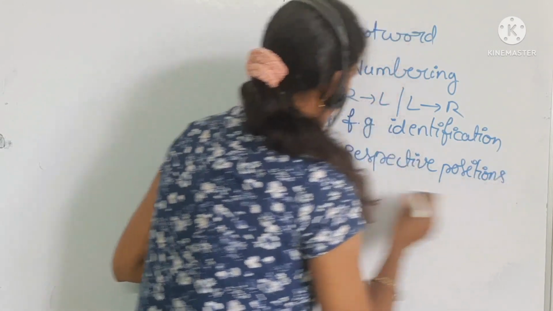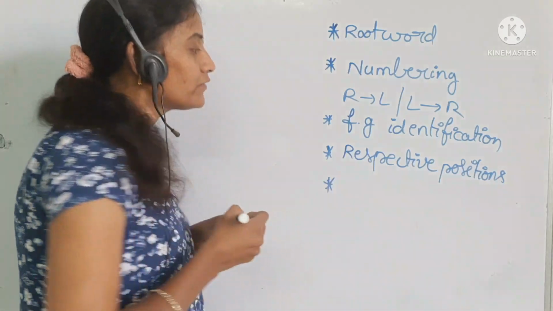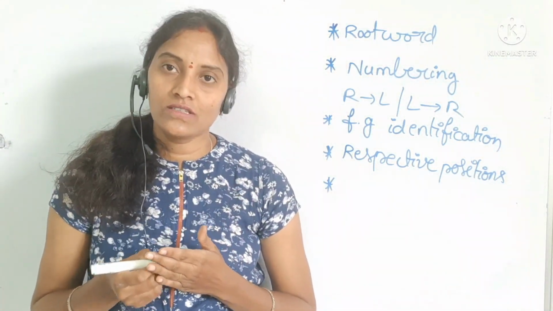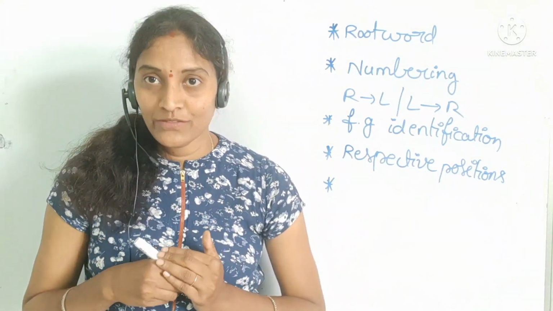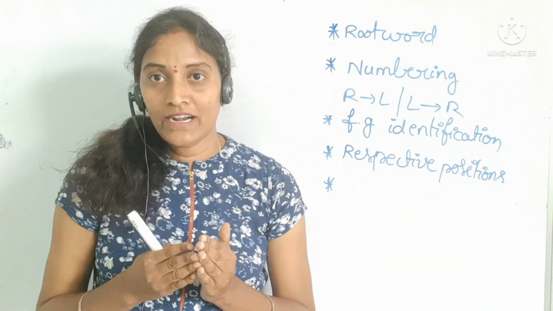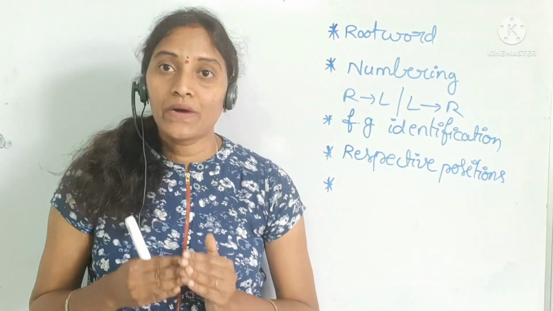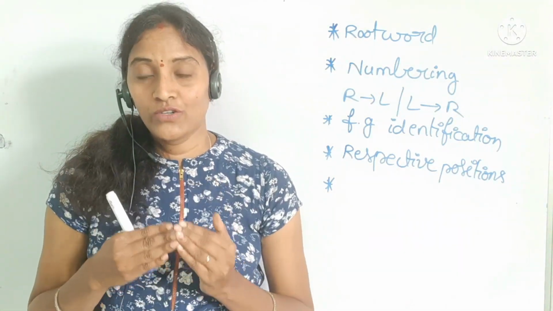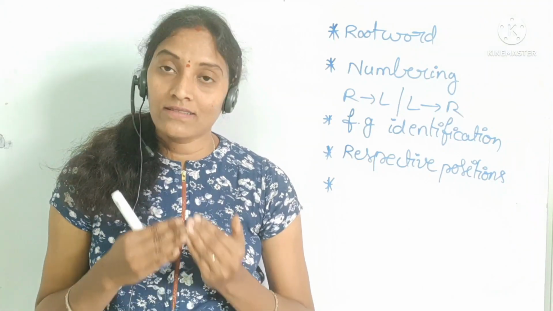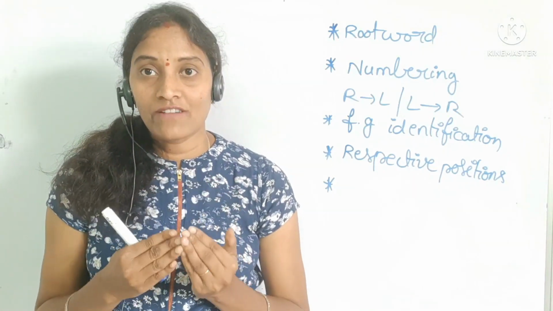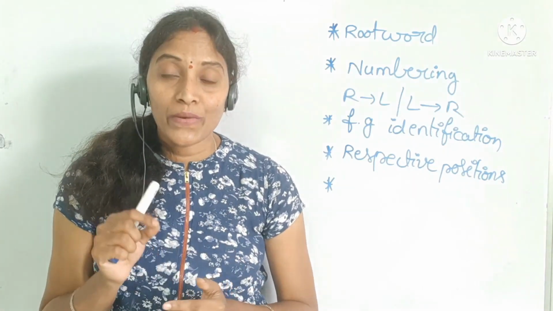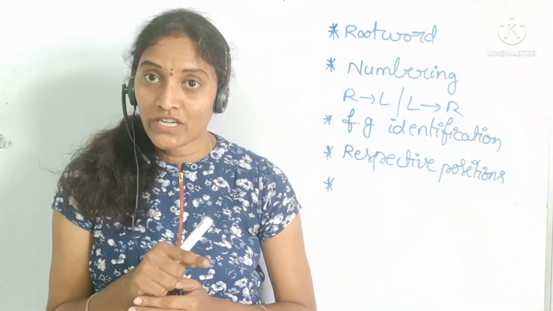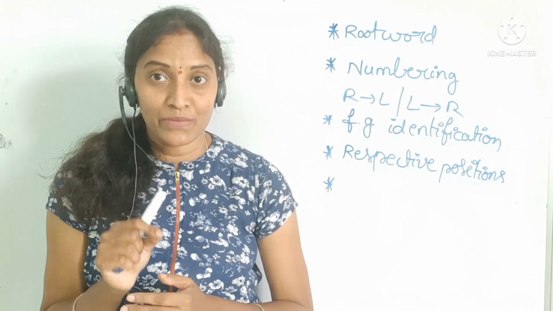And the fifth step is what? After placing functional groups at their respective positions, you have to identify whether all carbon atoms are satisfied by their tetravalency or not. If not, you have to satisfy the carbon atoms' tetravalency in that molecule by attaching hydrogen atoms to that particular carbon atom.